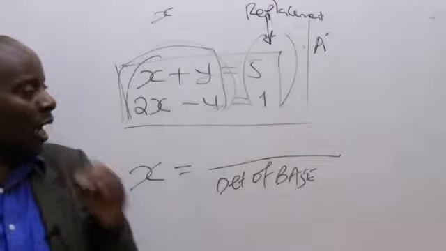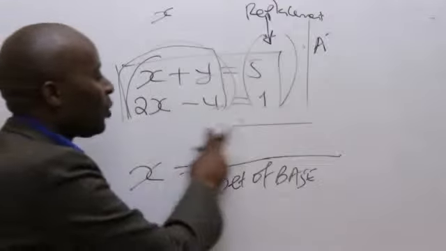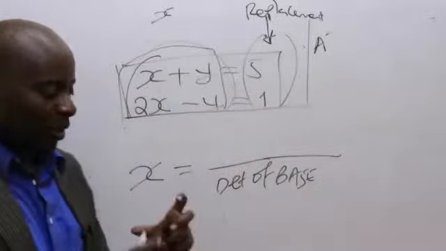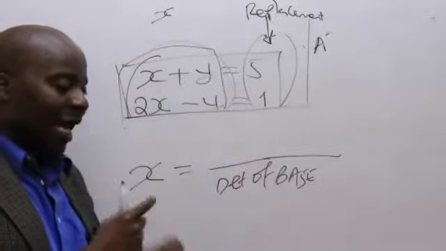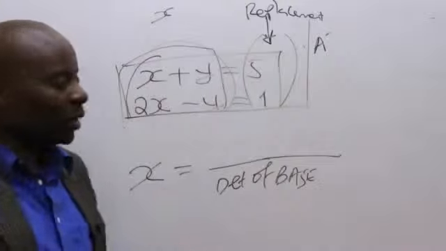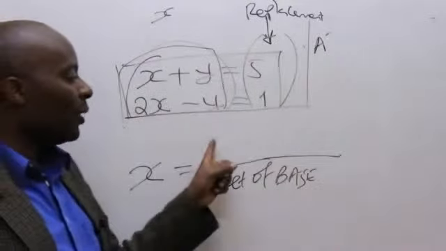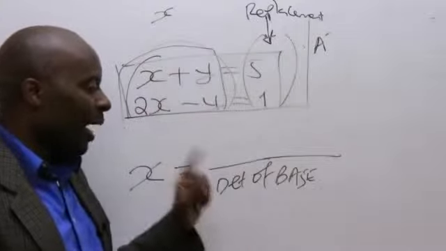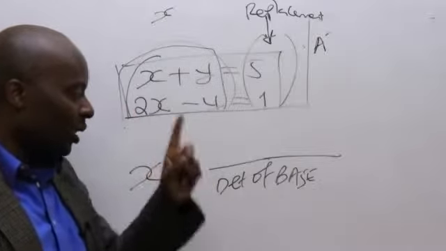If you went to a good high school, you must have encountered this Cramer's concept. Remember, Cramer's is basically a determinant model. So what I'm going to do is to have the numerator matrix determinant divided by the determinant of the base.